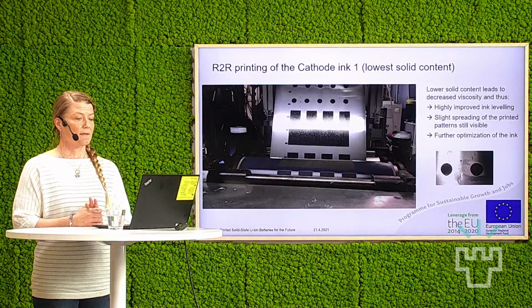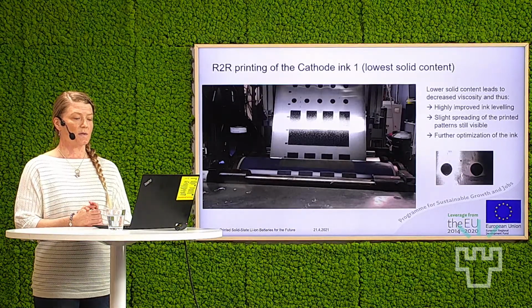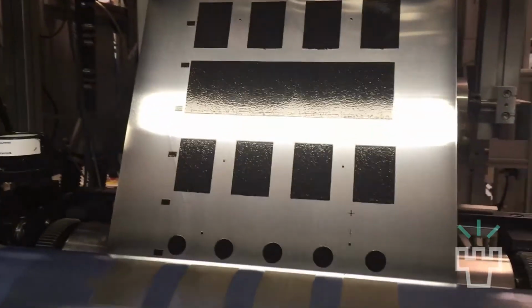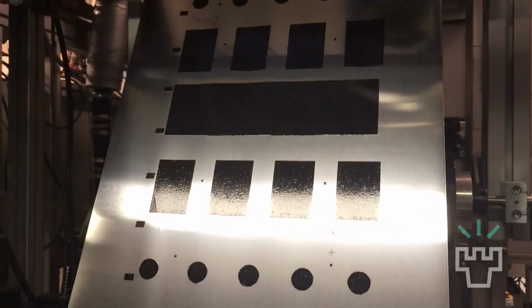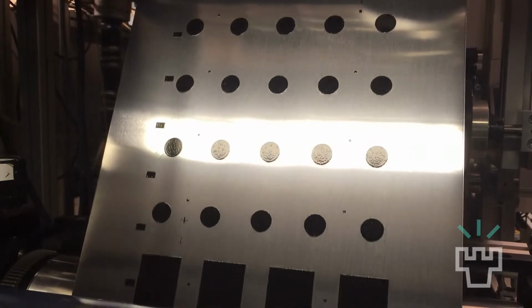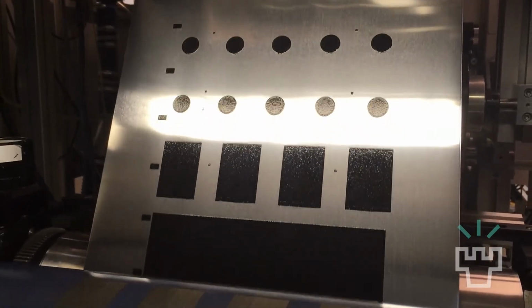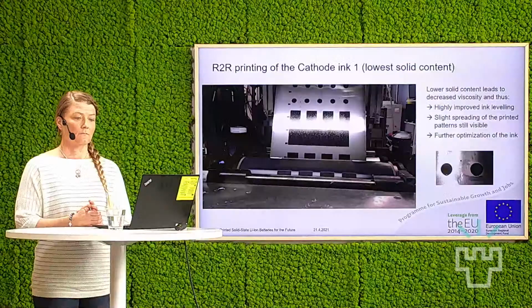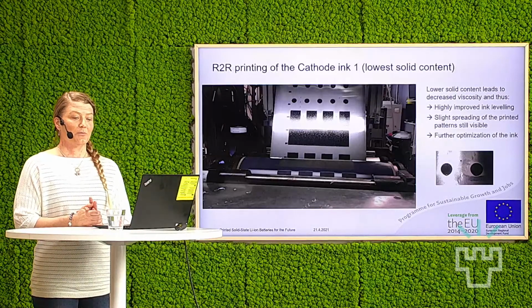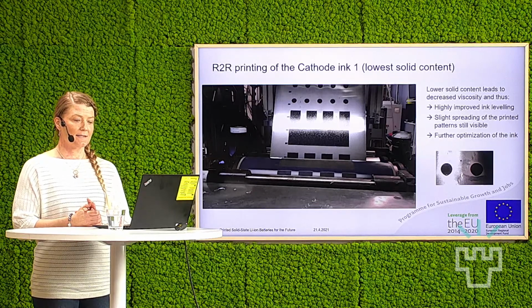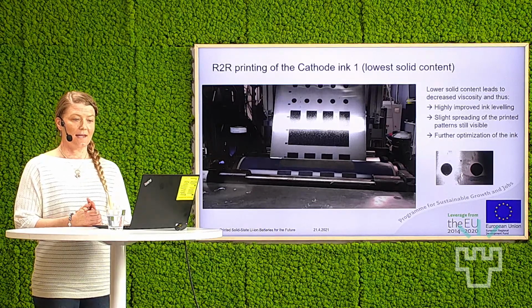We also printed the lowest solid content ink, which was the cathode ink number 1, and you can see the video here. And with this lower solid content, as you saw quite nicely, the ink leveling is highly improved.